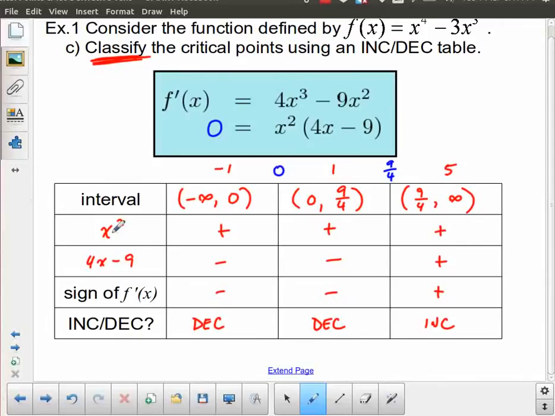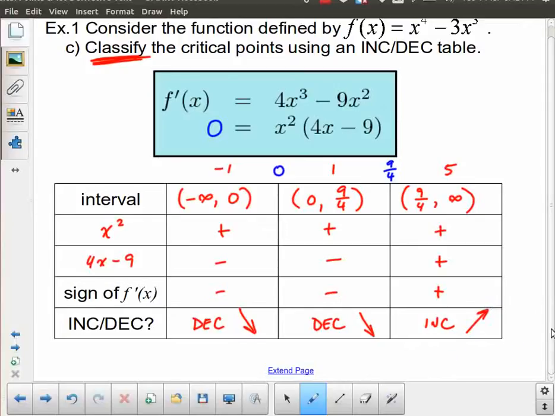So if we take a look at this, what do we have happening here? This was positive all the way across. So at 0, we have decreasing. That means the function is going like that. Here we have decreasing, which means the function is also doing something like that. And here we have increasing, which means the function is doing something like that.